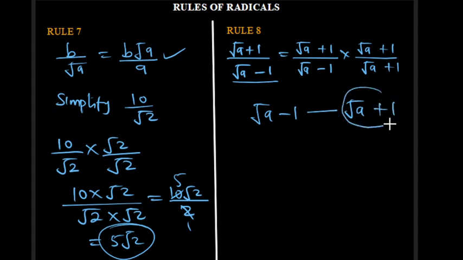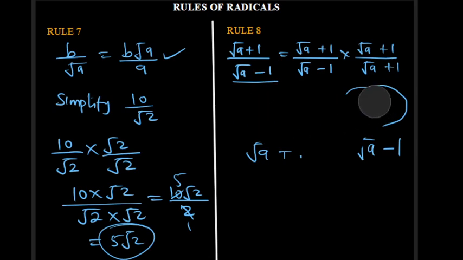So we use this as the conjugate to multiply the numerator and the denominator. If it was root a plus 1, then the conjugate would be root a minus 1. So to rationalize, in this case, use the opposite of this. If here is plus, then put minus here. If here is minus, then put plus here.